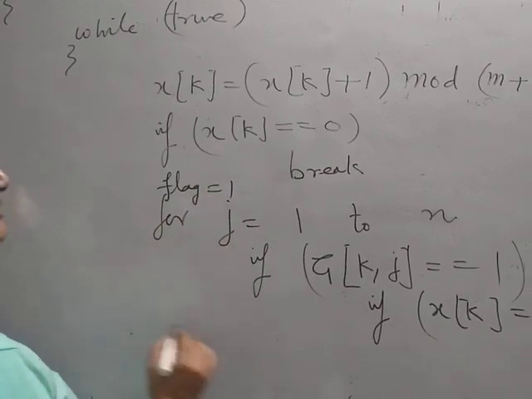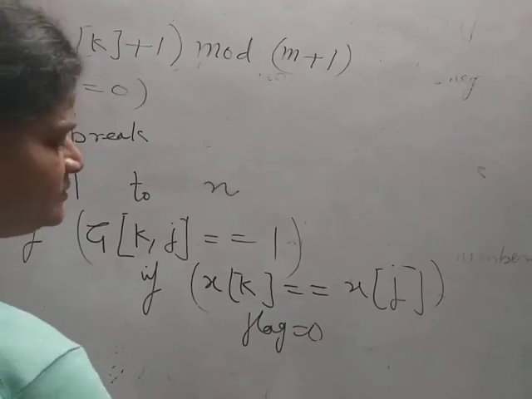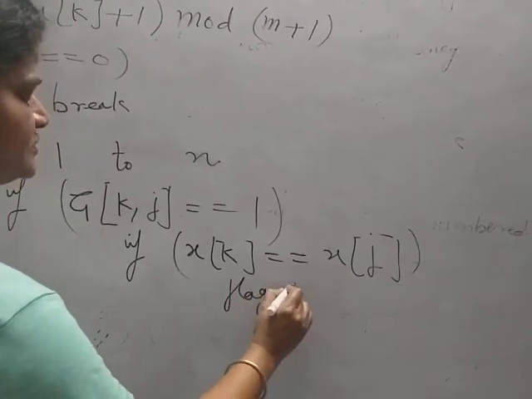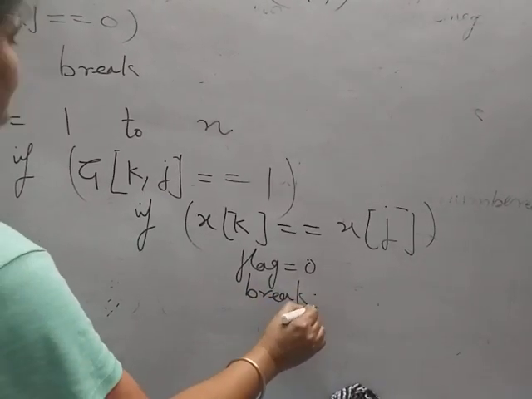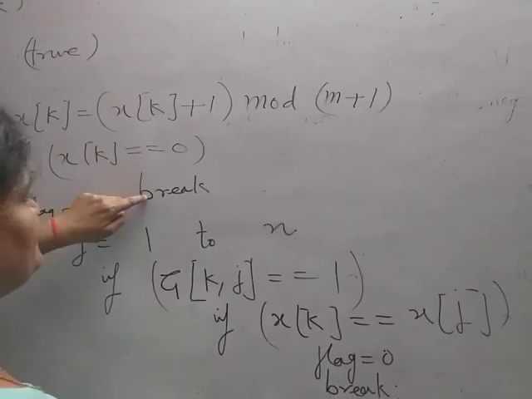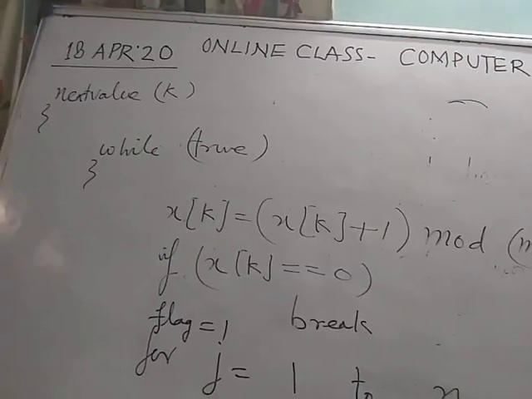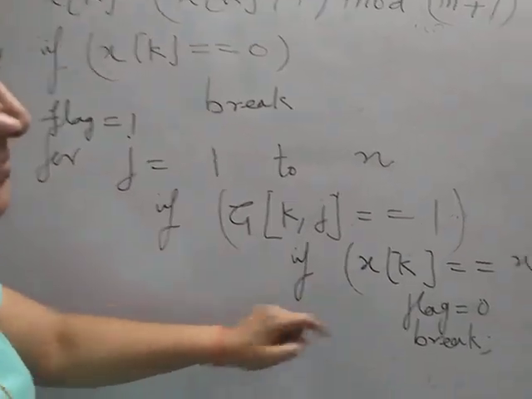Flag equal to 1 initially, and here you take flag equal to 0 and break. This break is for the inner for loop; it will not come out of the while loop.